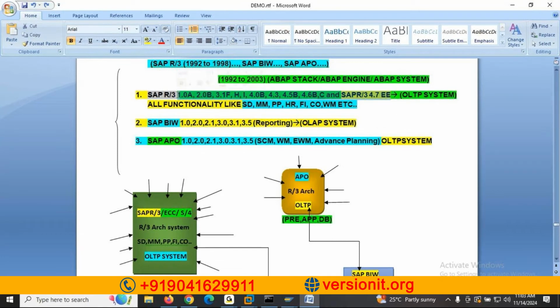It means we have a lot of releases here, and the last software with this architecture is SAP R3 4.7 Enterprise Edition. Now you can question me on one thing: sir, why do we have this many releases?